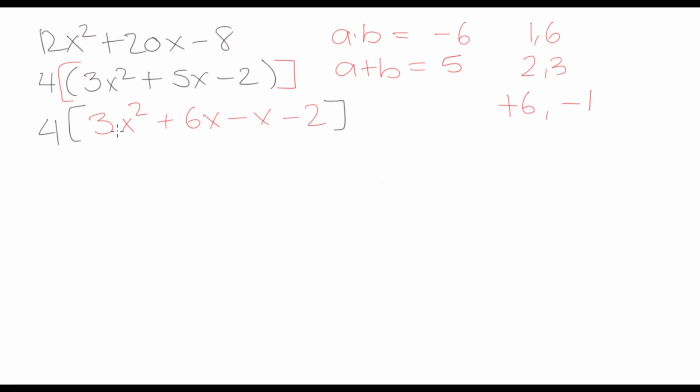Now, when we look at this, we can recognize that we can factor out of this group here 3x. So let's factor out 3x there, and we're going to be left with x plus 2, because 3x squared divided by 3x will give us x, and 6x divided by 3x will give us 2.